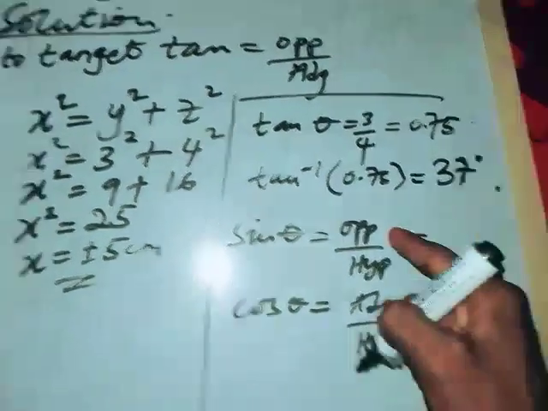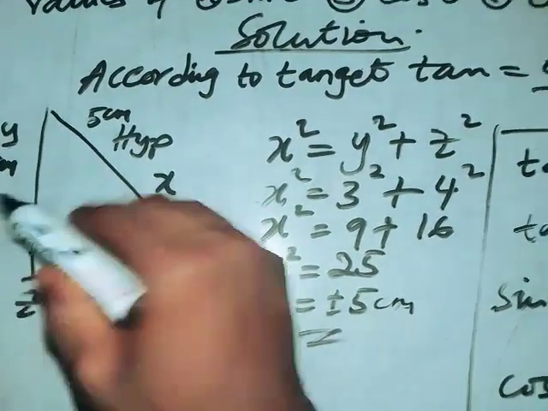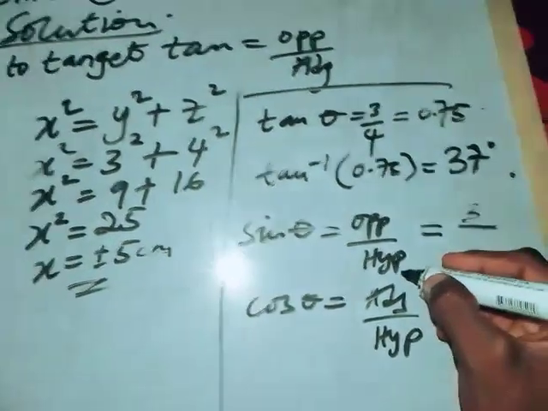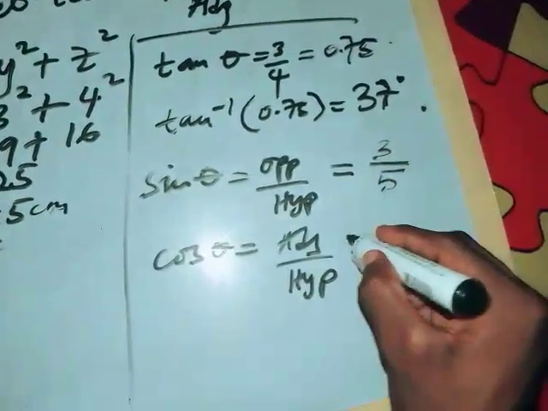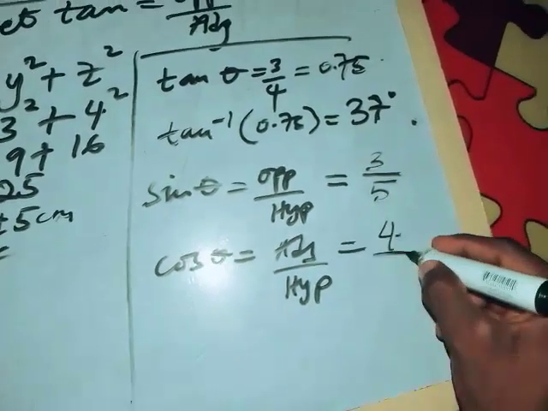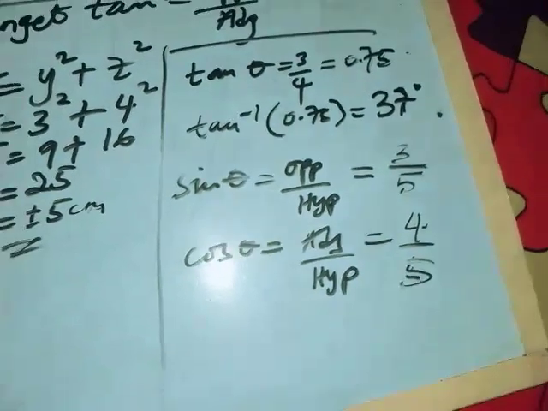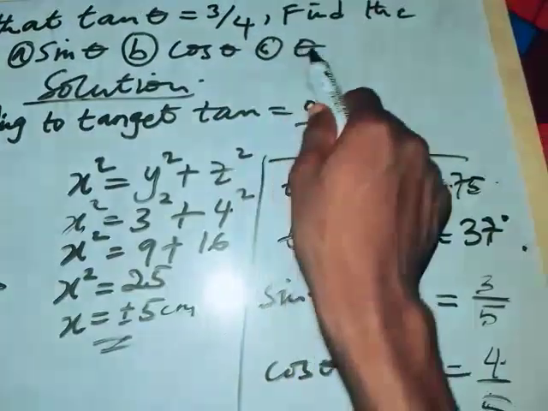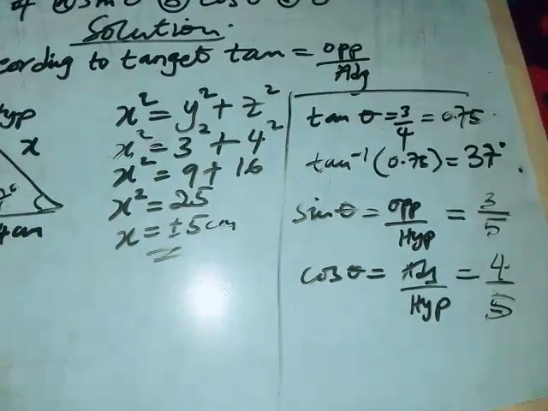The opposite here is 3 centimeter, so we have 3 over the hypotenuse 5. So sin theta is 3/5. This is equal to cos theta. The adjacent is 4, while the hypotenuse is 5, so cos theta is 4/5. So we have been able to solve for sin theta, cos theta, and theta itself. That is how to solve that problem on trigonometrics. I'm giving you an assignment.